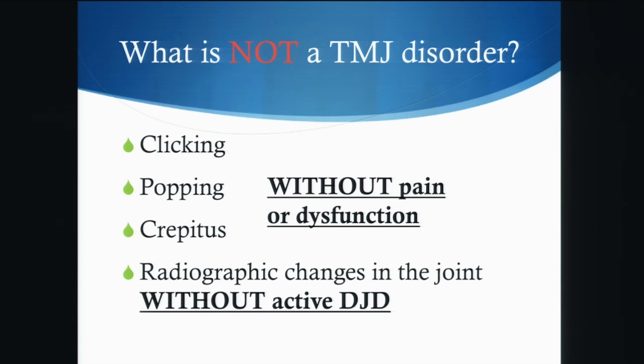You can have abnormal findings in an MRI or an X-ray without having a TMJ disorder. There are a lot of people, and certainly most of us over 40 will have some type of changes on an X-ray, even though we are completely asymptomatic and we can chew and we can open our mouth without any restrictions. So that's kind of something that comes up a lot.